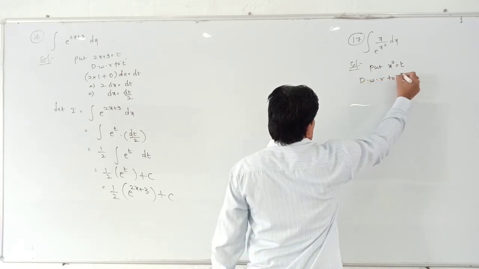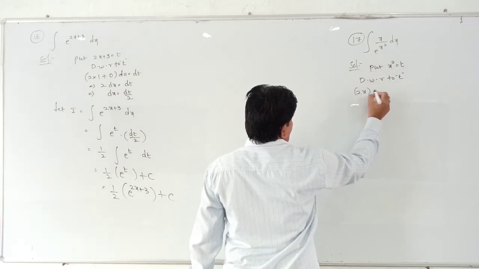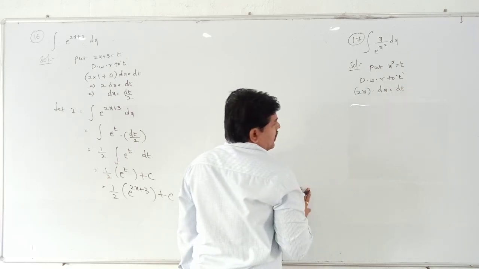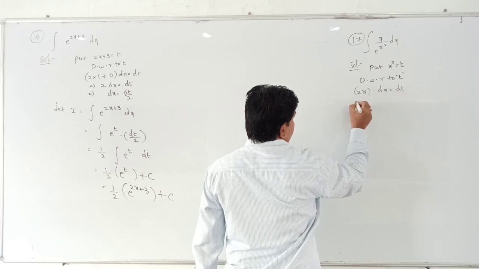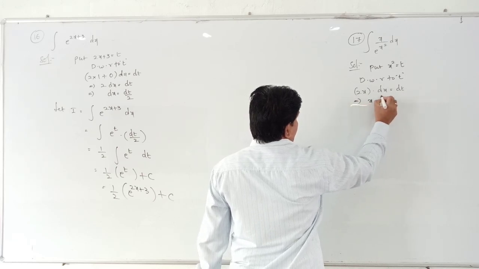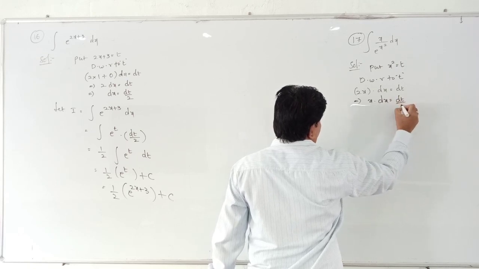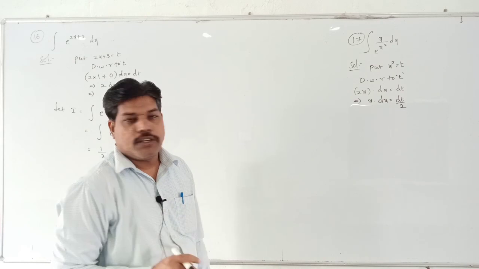Differentiate with respect to t, what happens? So x square derivative is 2x into dx is equal to dt. That implies x into dx is equal to dt by 2. X into dx is equal to dt by 2.